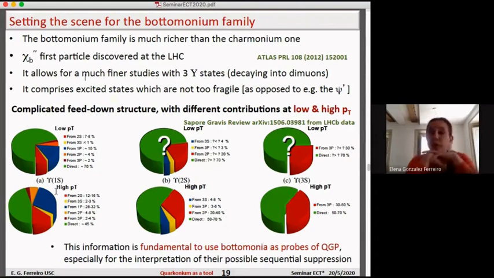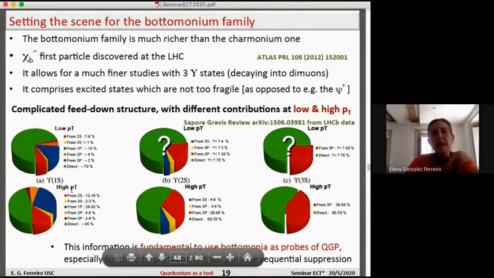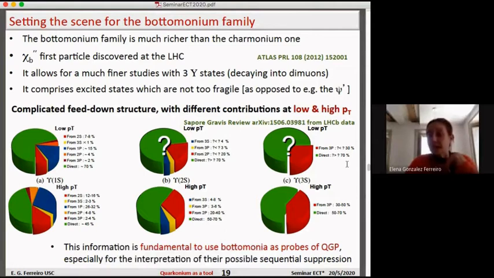But when we try to reproduce the bottomonium by applying the same effect, the problem was that the bottomonium family is much richer than the charmonium one, and you have at play a lot of feed-down effects. So you have to take all the feed-downs at low pT, at large pT, for the 1S state, 2S, and 3S states.